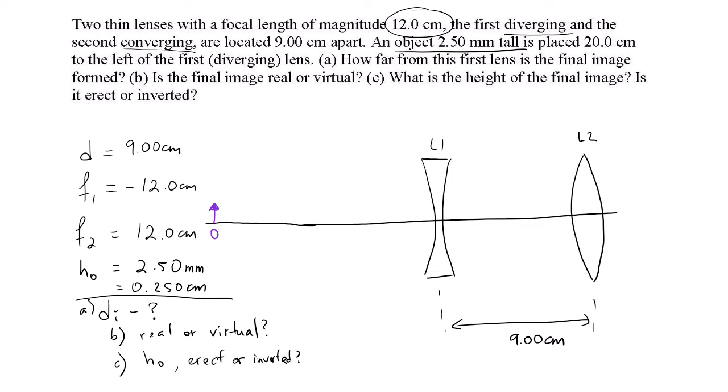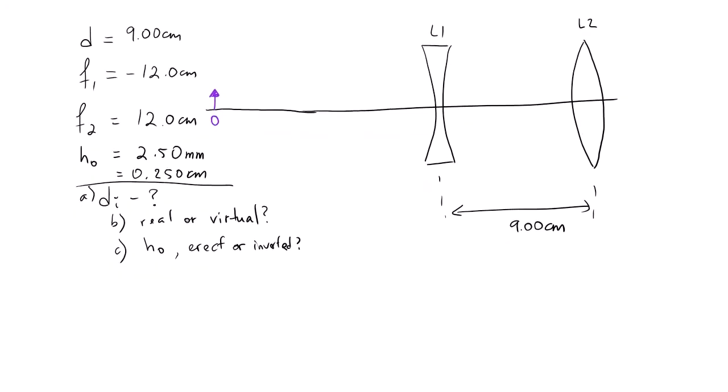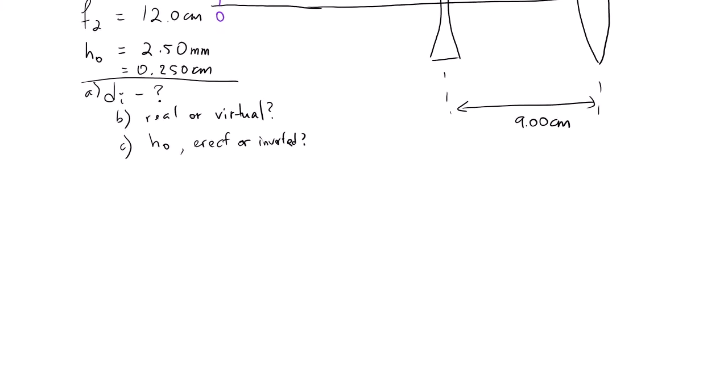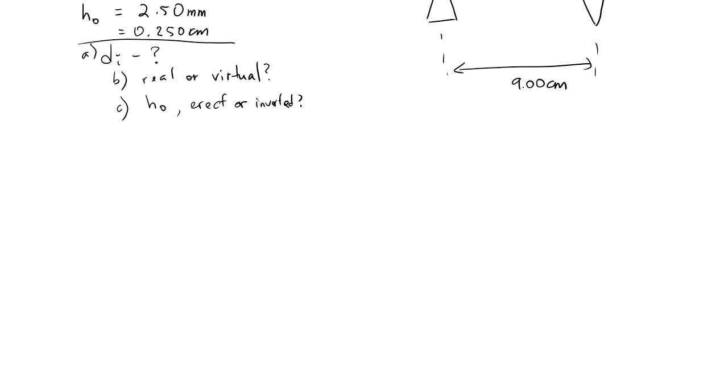Then the light from the image from the first lens, which is the object for the second lens, will pass through the second lens and create the second image, which will be the final image, and then we will try to find the distance. So that's why we're going to focus on lens 1 first.